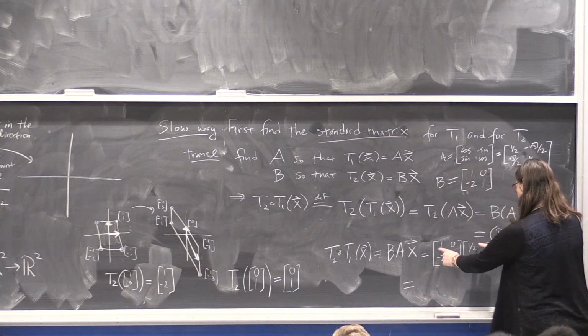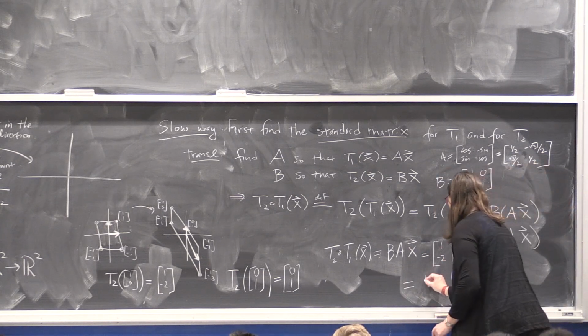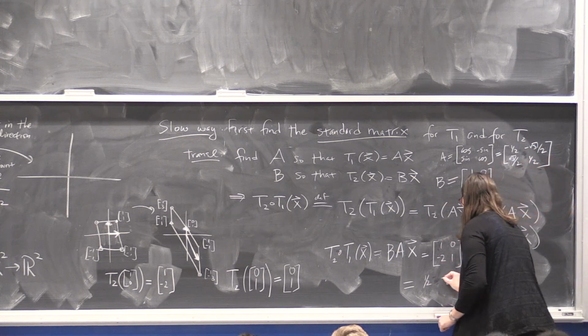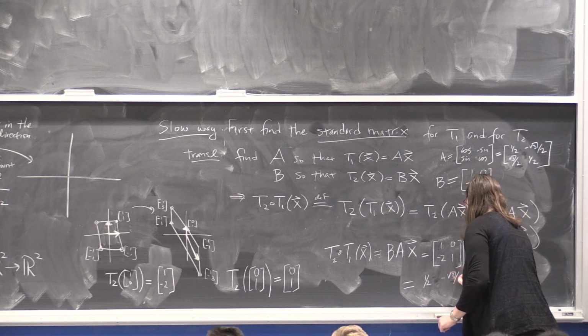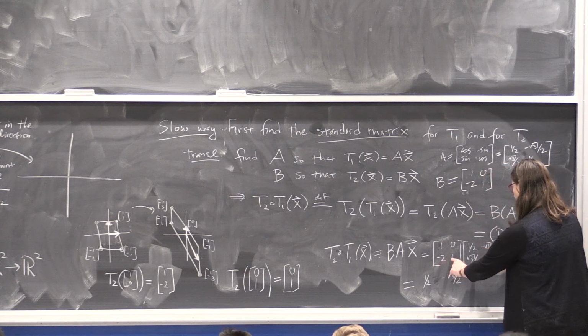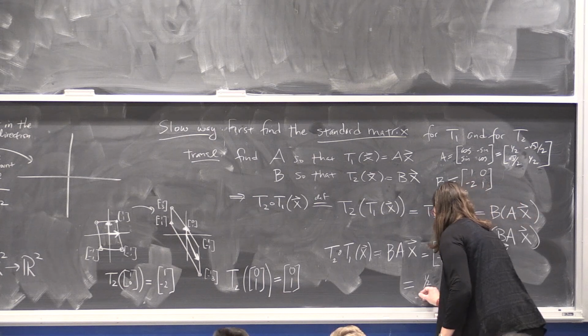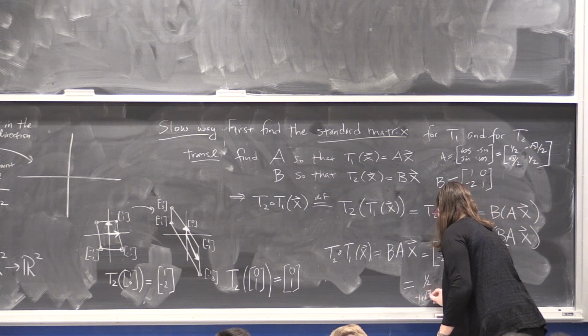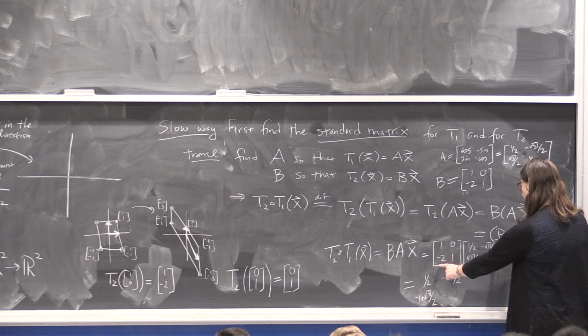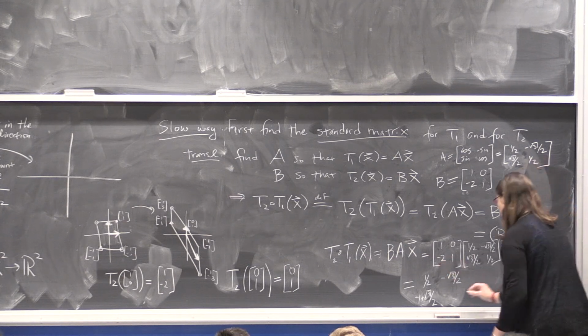And so that gives me this times that is 1/2. This times that is minus root 3 over 2. This times that is minus 1 plus root 3 over 2. This times that is root 3 plus 1/2.